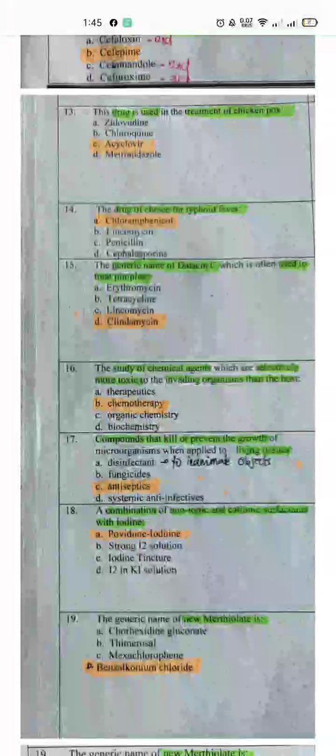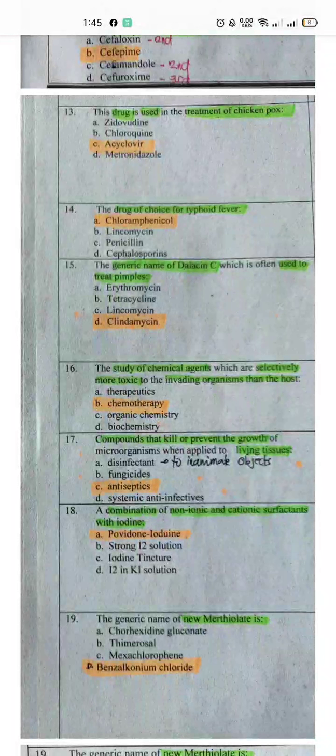Your chloroquine is the drug of choice for erythrocytic falciparum malaria, except for the resistant strains. Your acyclovir is used for the treatment of chickenpox, and its causative agent is varicella zoster virus. And your metronidazole is the drug of choice for amoebiasis, giardiasis, and trichomoniasis. So the answer here is letter C.